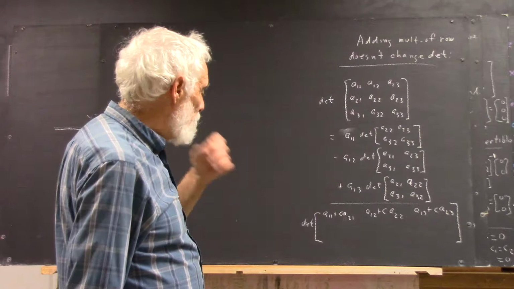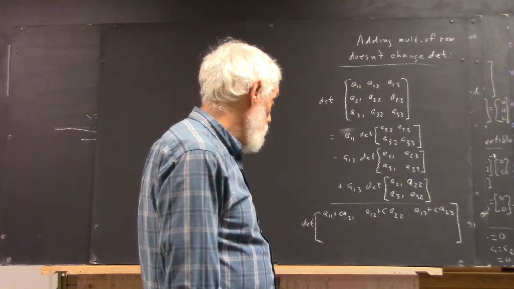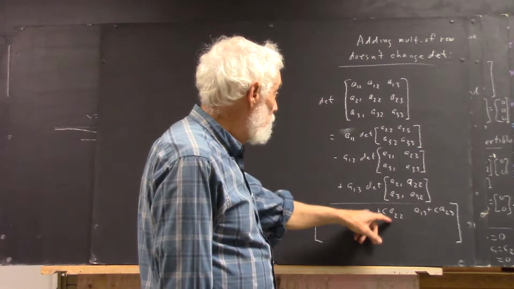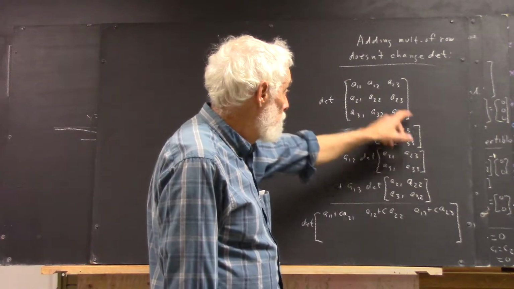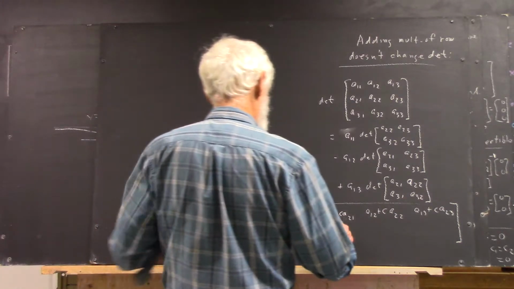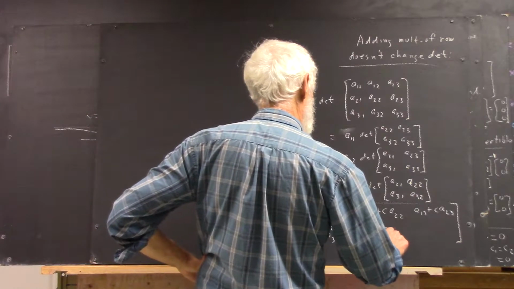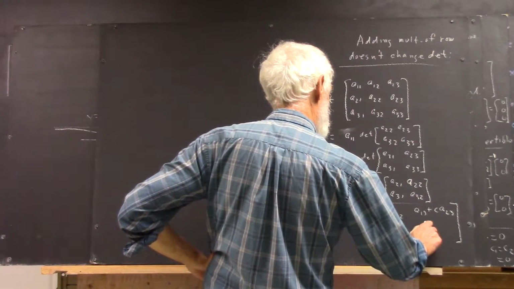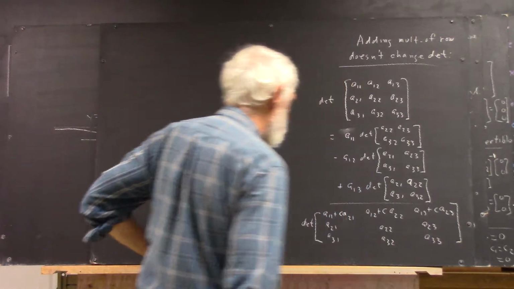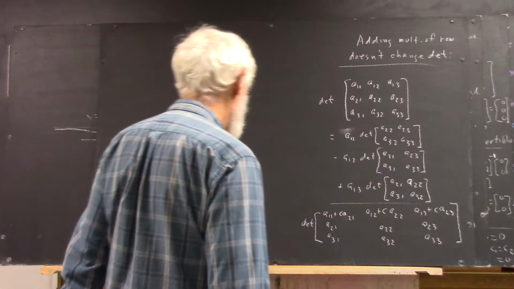So the new first row will just have the A11, A12, A13 that we already had. And then we're going to add C times the A21, C times the A22, C times the A23 to the corresponding numbers in the first row. And then we just have A21, A31, A22, A32, A23, A33.